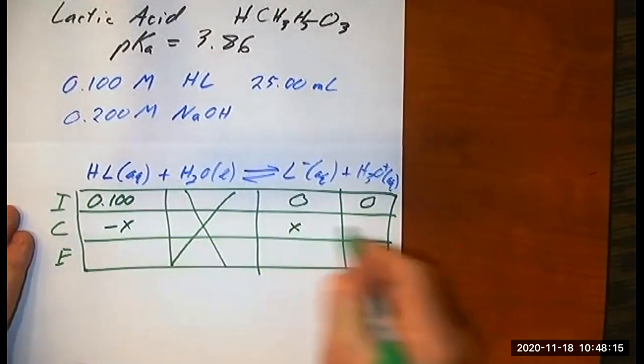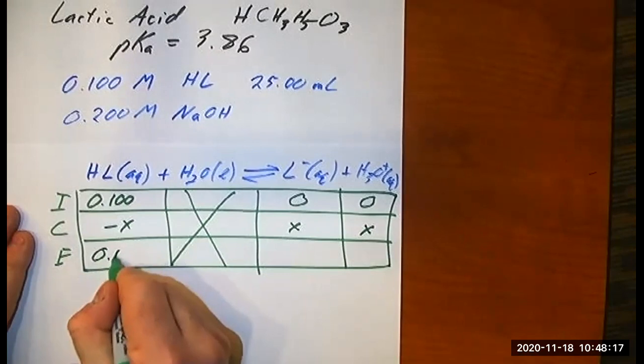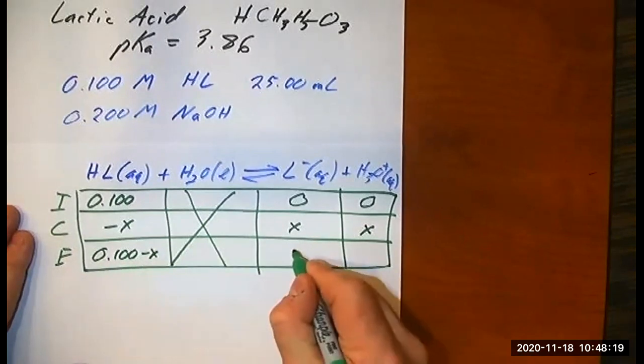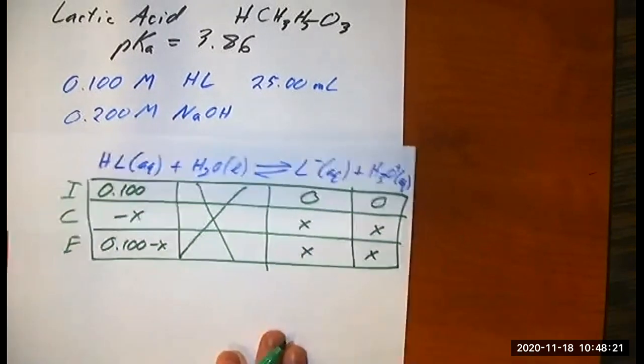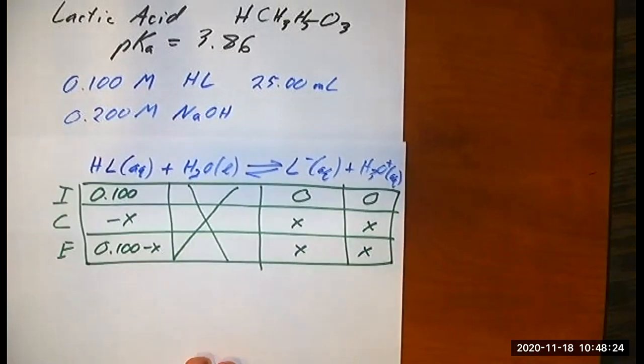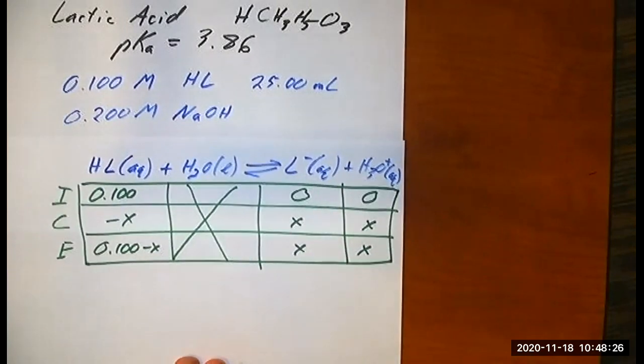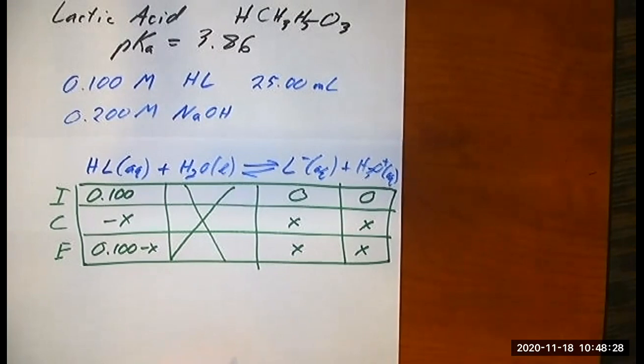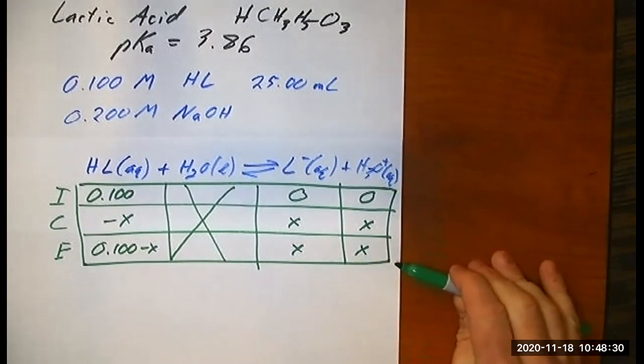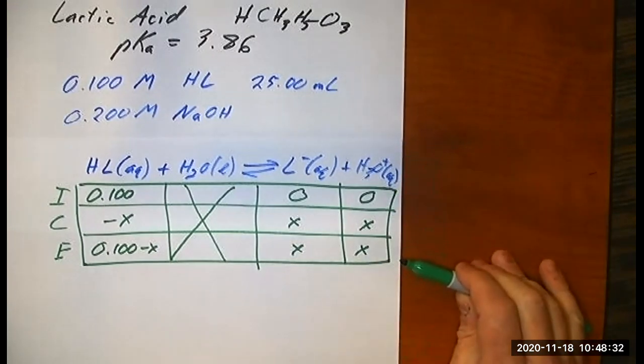Minus x, x, x, 0.100 minus x, x, x. So I did that very quickly. Does anybody need any clarifications on how to do that quickly? Okay.